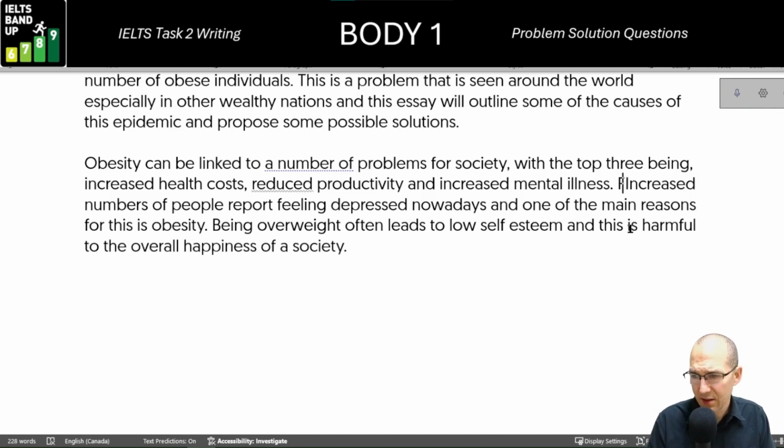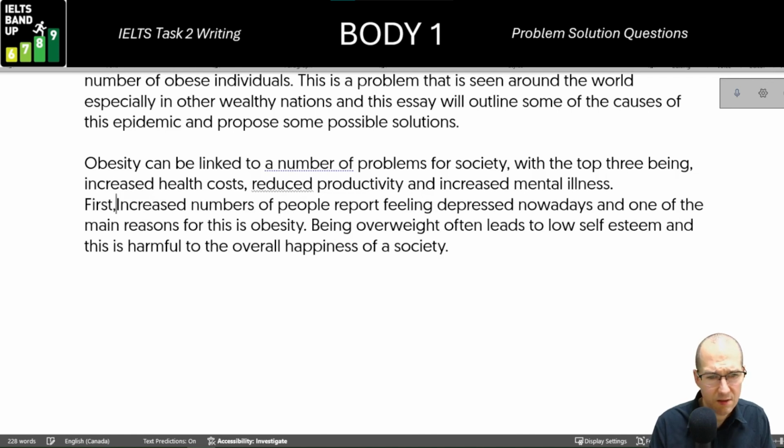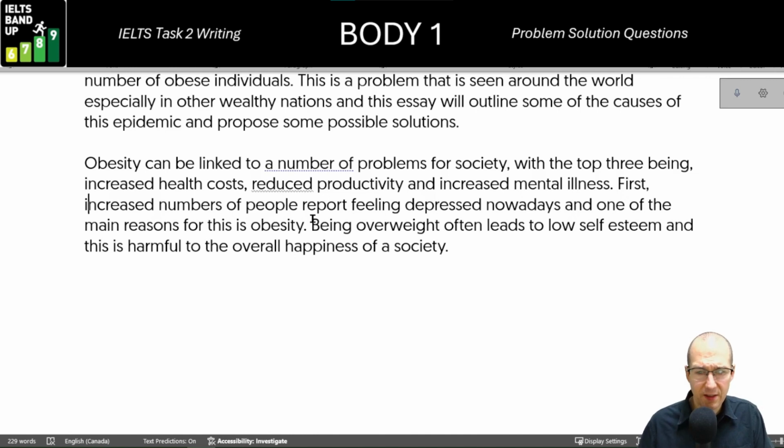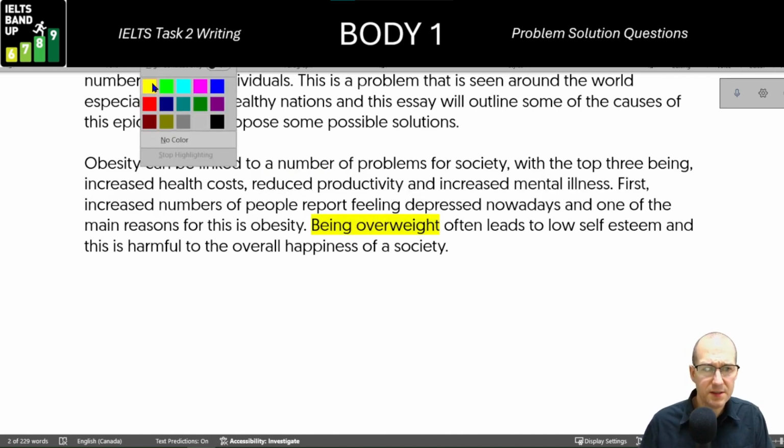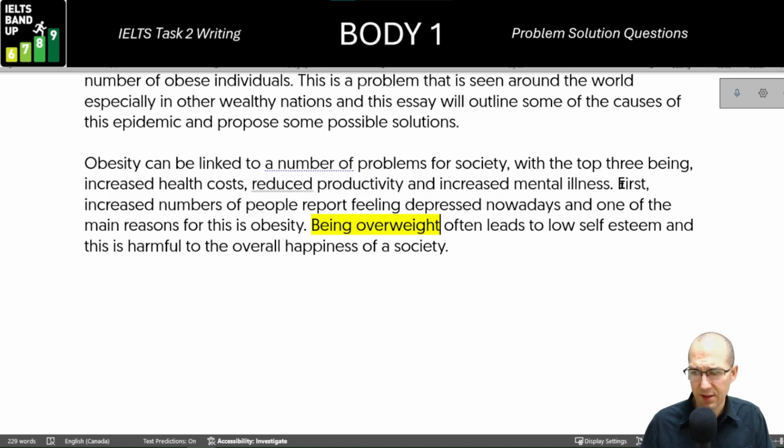We can do here first, and we can do increased numbers of people are feeling, and then here, being overweight. So this is all part of the first point. Okay, so here first, there we go.